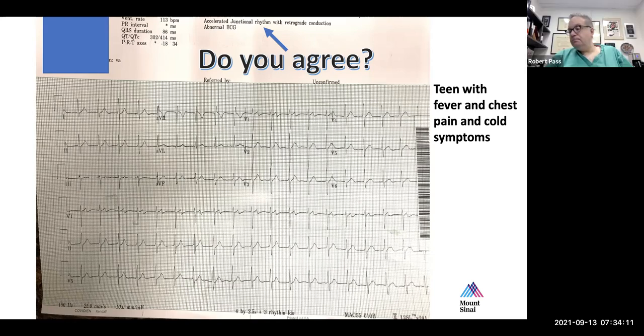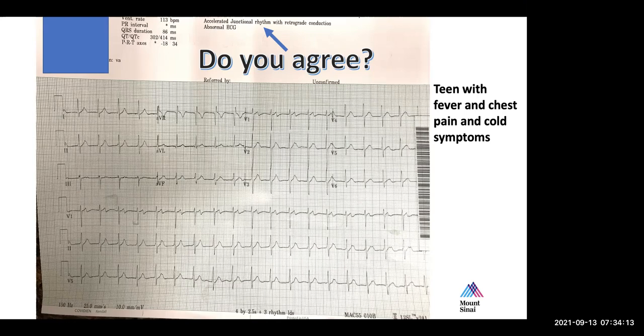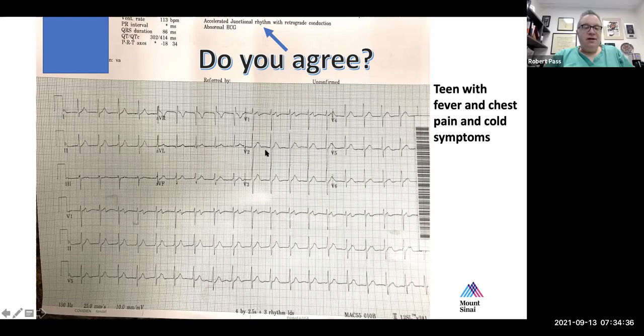Now, accelerated junctional rhythm with retrograde conduction, in that case the P waves would be hiding in the T wave. But it's hard to say unless we saw a baseline EKG, like whether there is a change in the T wave morphology or not. Right, yeah, it's hard to tell.